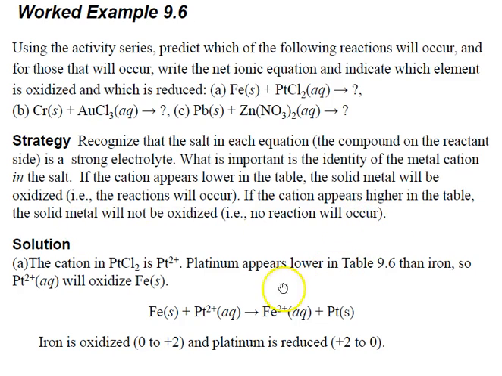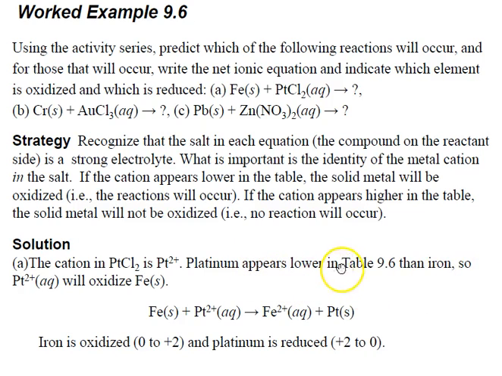So let's take a look at these. So here we have this platinum chloride. The cation in this is going to be +2. Platinum appears lower in table 9.6 than iron. So here's our formula. We have the iron solid and then the platinum chloride.